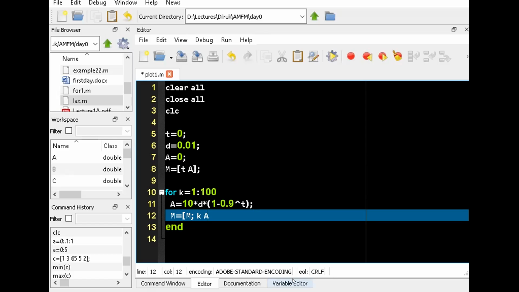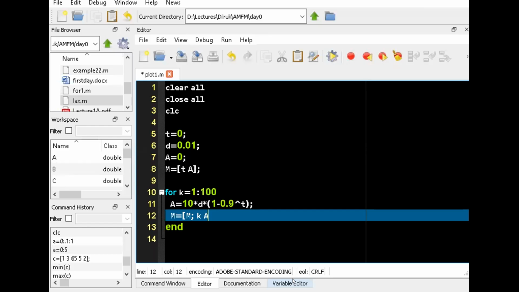That's why you learned matrices last semester. Let's use those concepts. When you write these kinds of codes, all the time try to use matrices as much as possible, if it's possible.